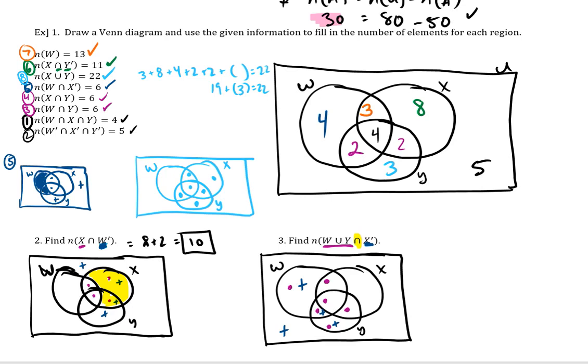So now I'm kind of doing the and portion. Well, they're common here, here, and here. So those three regions added together then is our final answer. So it looks like that's the 4 plus the 2 plus the 3 there to give us 9.